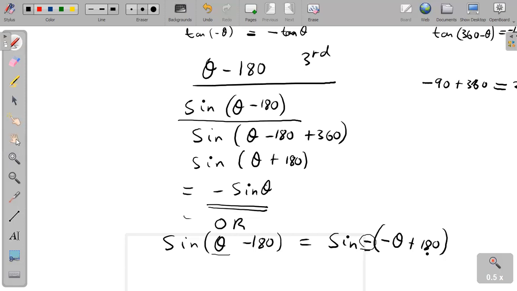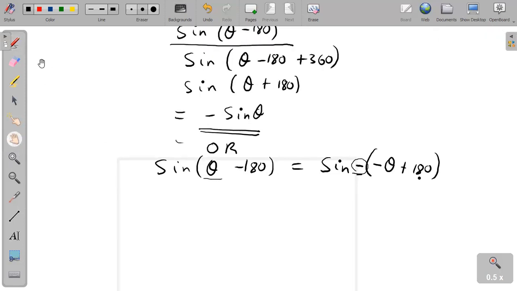So what do you do now after factoring out? You are now treating this whole part, minus theta plus 180, as if it's one angle. Let's assume maybe it's beta as an angle. So we have something like this: sine of minus beta.